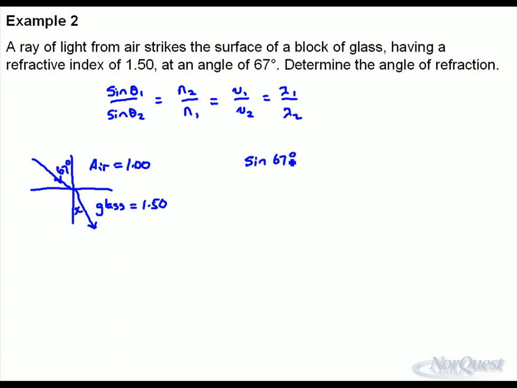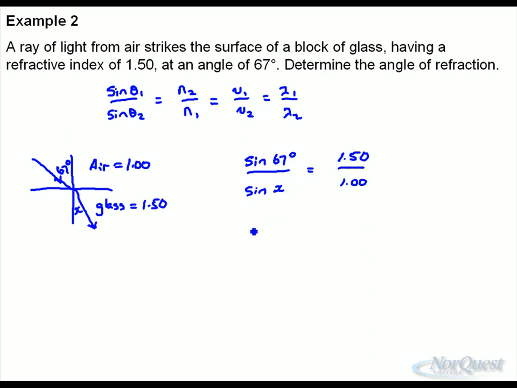So we're going to go sine 67 degrees over sine x equals the index of glass, which is 1.50, over the index of air, 1.00.